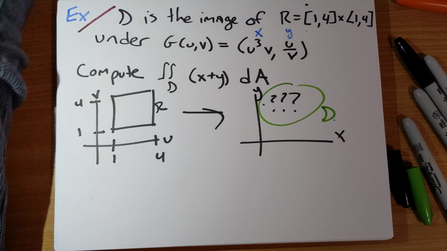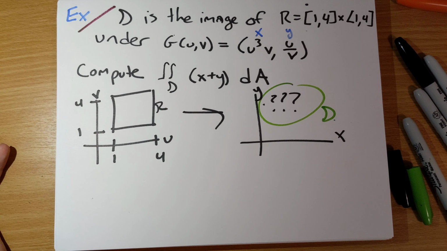So realize this would be a very difficult problem if I said you have to figure out what this region looks like in the XY plane. It's going to be some really messy region, and then you have to integrate over that. That's going to be a mess. We are far happier to integrate over in the UV plane over this nice region. Okay, that's the prologue. Let's get down to business here.